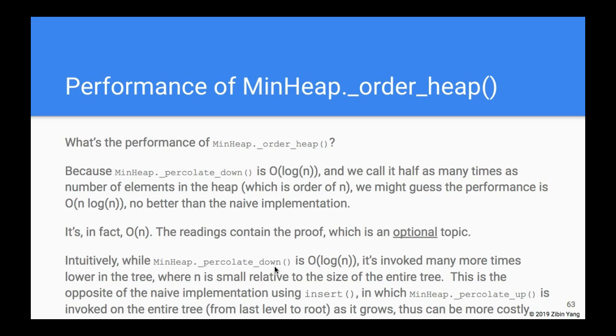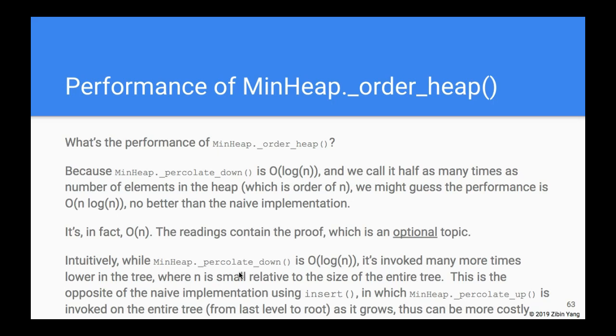Then when you move up one level to, let's say, the third lowest level, the height of all those subtrees is just 2, and so percolate down has to do at most 2 swaps. And the number of times that percolate down has to be called on the third lowest level is half as many as on the second lowest level.